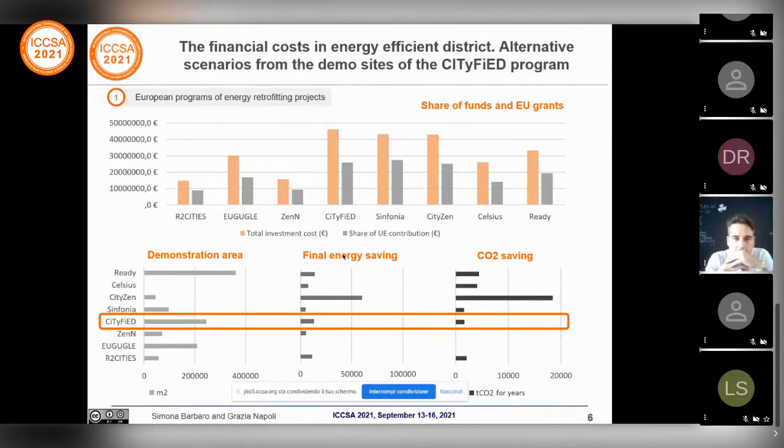This means that European funding plays a key role in achieving economic viability. In a previous study, we analyzed the ZEN program. Instead, in this work, we have focused on the Certify program to investigate the variation of some financial parameters, in particular the share of European grants and the share of loans.